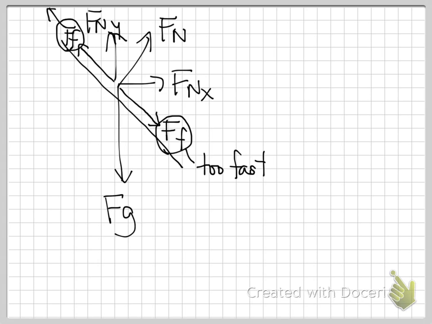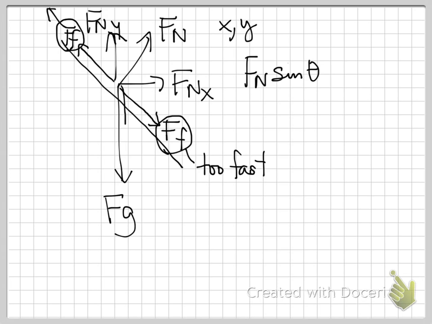And what I'll do is I'll just do Vmax real quick, and then I'll show you how to change it to Vmin. So again, we're going to do the sum of the forces in the x and the y directions. Doesn't matter which one you do first. Fn in the x is the same as the last one. It's Fn sine of theta. Gives you Fn in the x.